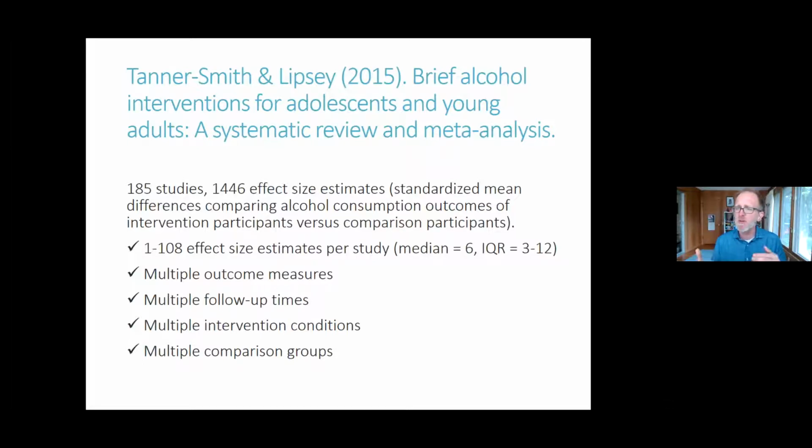Some actually compared an intervention group to multiple control groups, like an active control condition and a passive control condition. So we've got all sorts of dependence. And as is pretty typical, the information that you'd need to calculate the degree of correlation between these effect size estimates was just not available in the primary literature base.